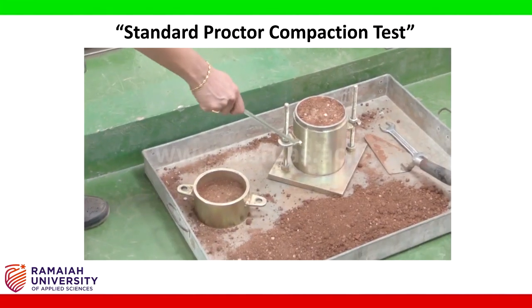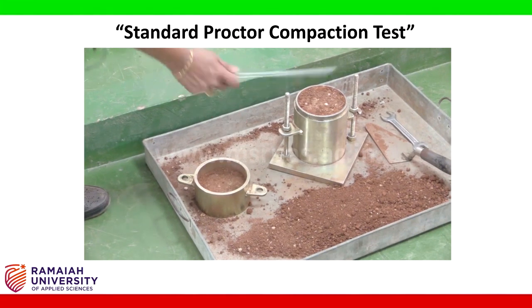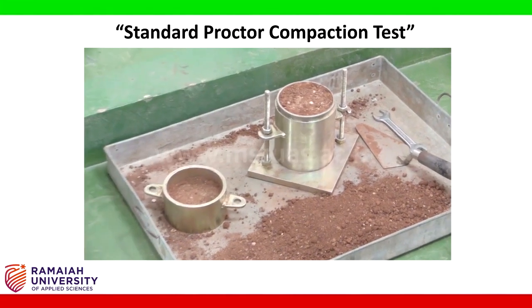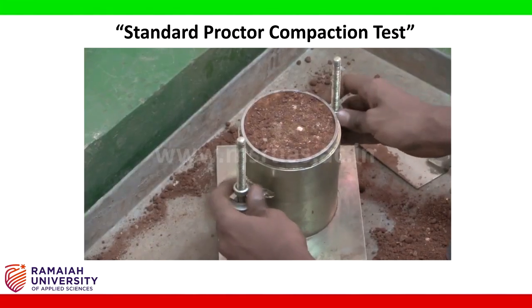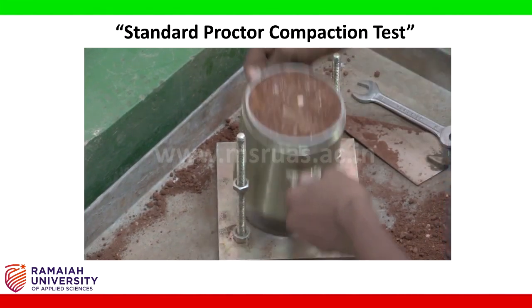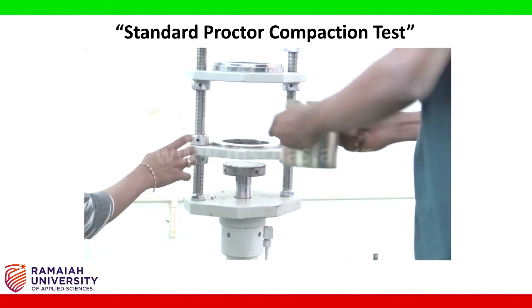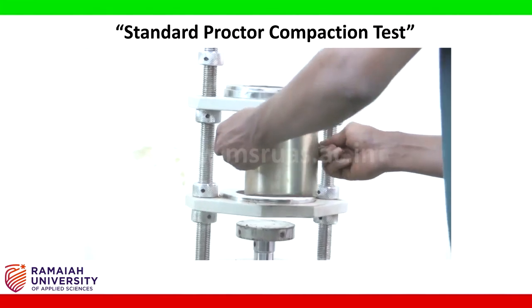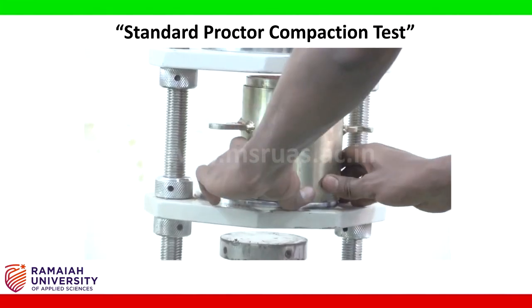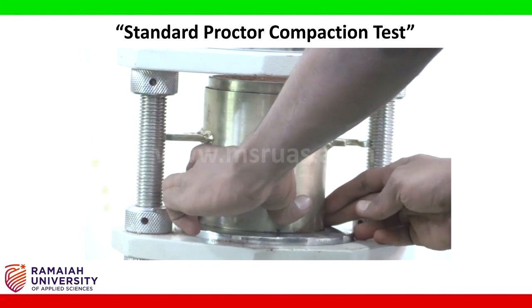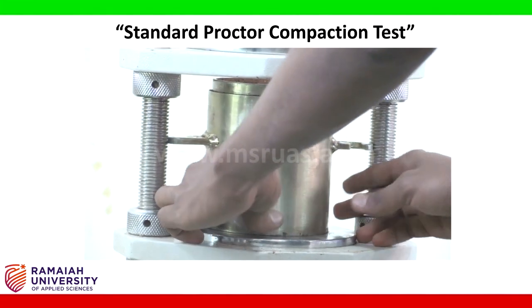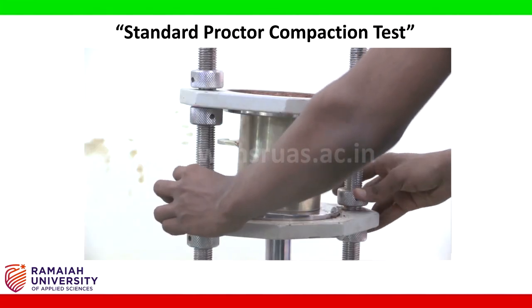Now remove the cylindrical mold from the base plate by loosening the screws. Now place the cylindrical mold in the sample ejector, and then raise the ejector.